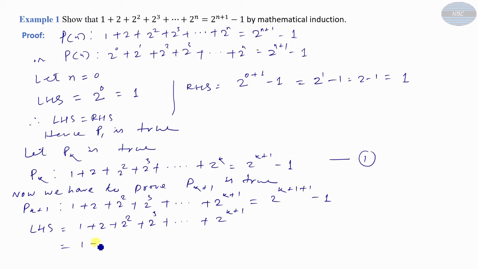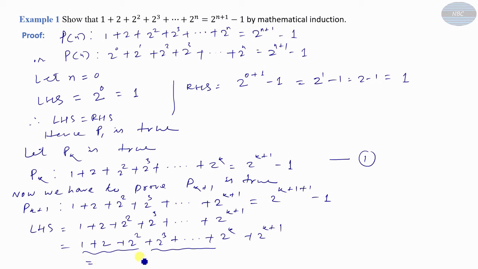It can be written as 1 plus 2 plus 2 square plus 2 cube up to 2 to the power k, plus 2 to the power k plus 1. This is the previous term of 2 to the power k plus 1, so we already have the value of this. Let me write it down here.